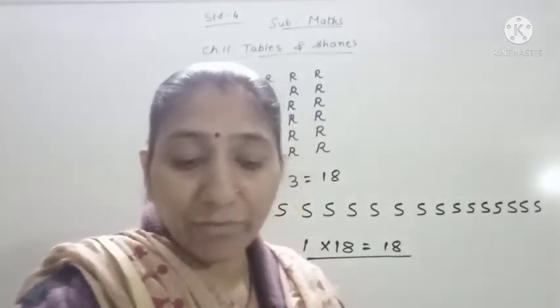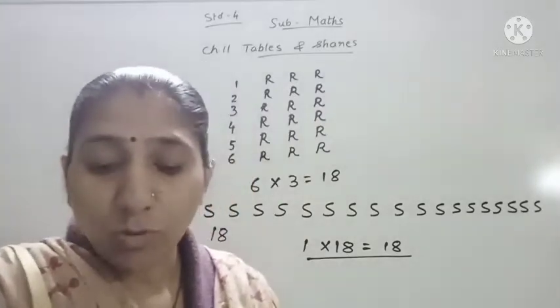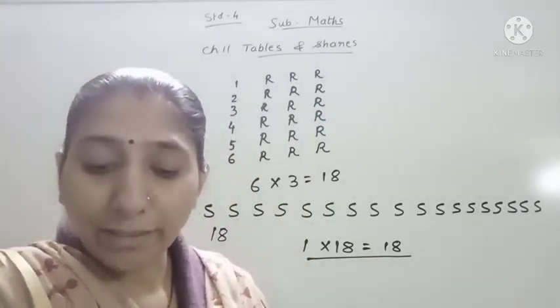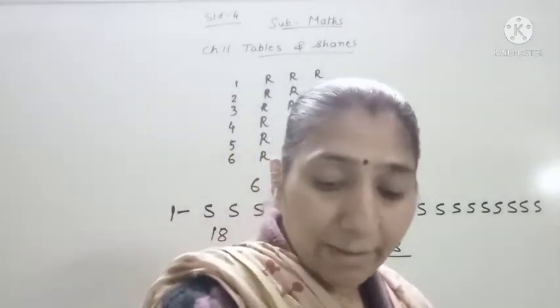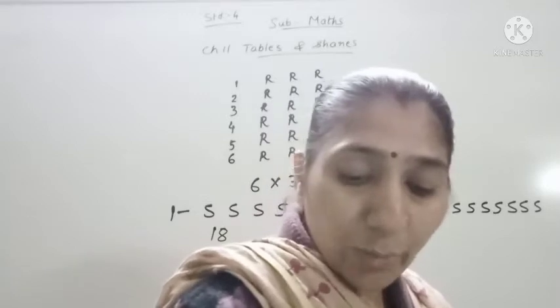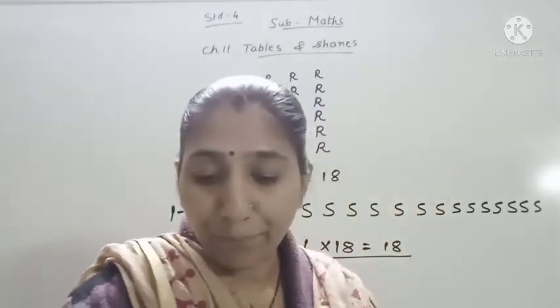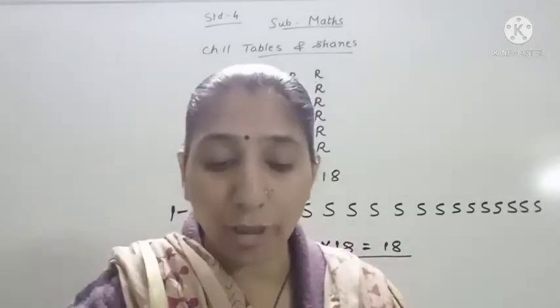In the bracket we will write 1 multiplied by 18. So there is one row with 18 plants. Now the next. So there are dash rows with dash plants each.